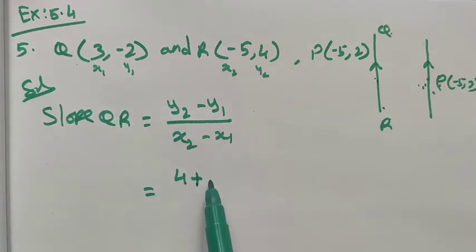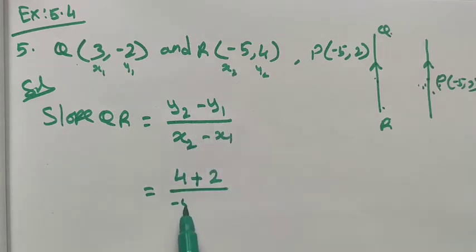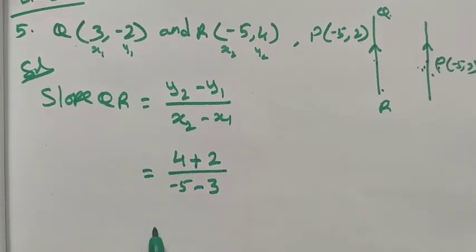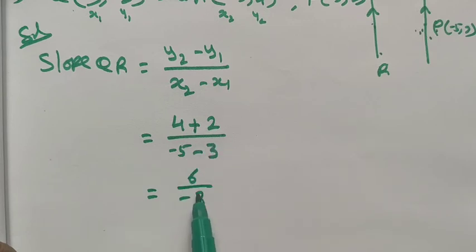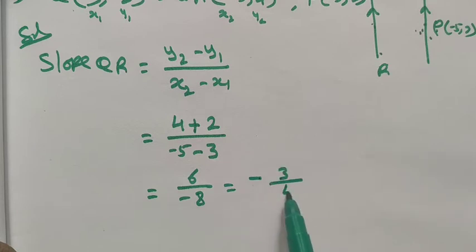Here minus into minus is plus, so I take it as 2. Then x2 is minus 5, x1 is 3, and the formula has minus, so minus 3. This is equal to 4 plus 2 is 6 divided by minus 8. It can be simplified, then we get minus 3 by 4. The slope is minus 3 by 4, that is the QR slope.